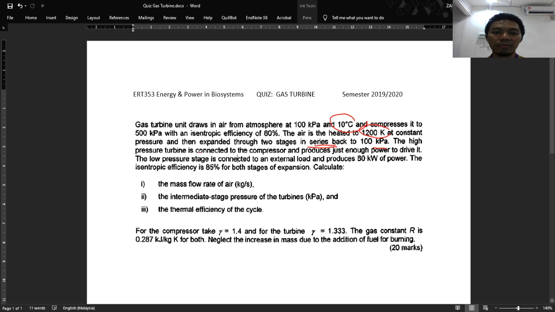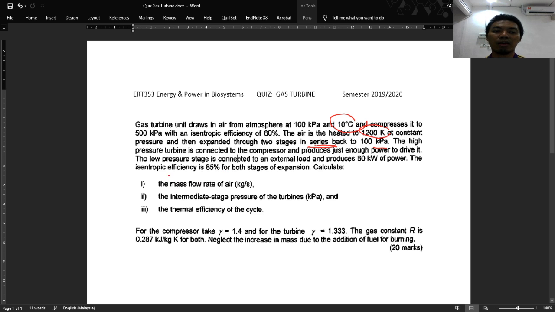Okay, the high pressure turbine is connected to the compressor and produces just enough power to drive it. Okay, and the low pressure stage is connected to an external load and produces 80 kilowatt of power. The isentropic efficiency for both is 80% at the stage of expansion.